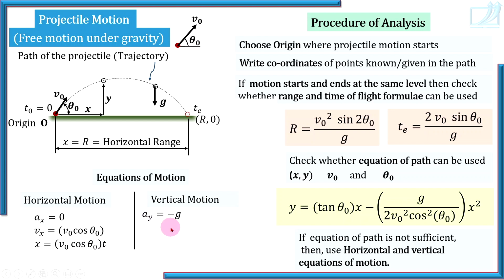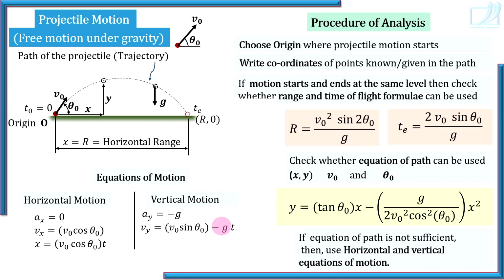Now ay is minus g, it is uniform acceleration motion. So vy is equal to v0 sin theta 0 minus gt. The same formula, v is equal to u plus at, only for vertical components we have used it. This is vertical velocity, this is initial vertical velocity. And in v is equal to u plus at, u is the initial vertical velocity, in this case v0 sin theta 0.